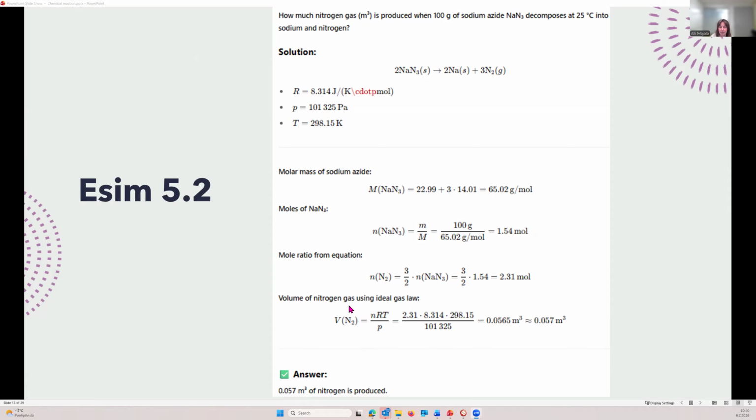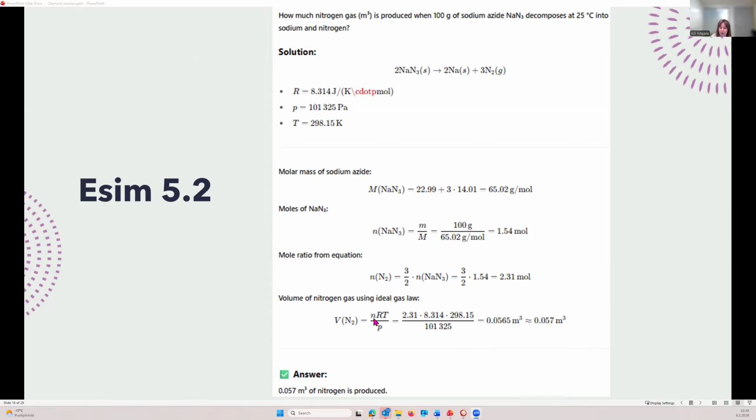Or then you need some kind of correction factors in your real process. But anyhow, here's the ideal gas law. For sure you know it, maybe from the physics course, where you can then calculate the volume.